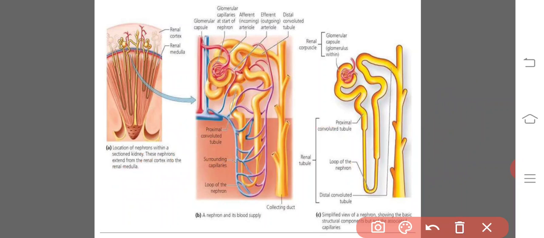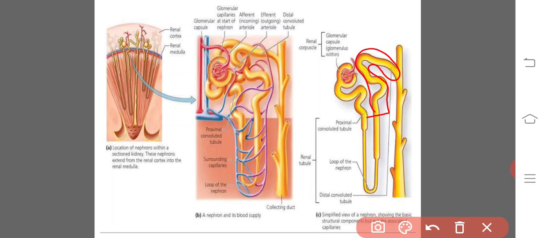Distal convoluted tubule. So this region, the distal convoluted tubule. The ascending segment of the loop of Henle enters into the cortex and becomes the distal convoluted tubule which lies near the Malphigian body.